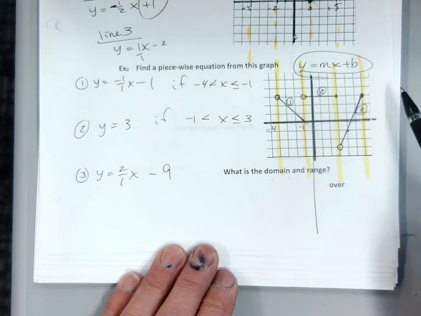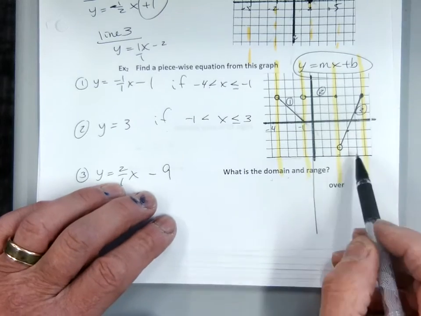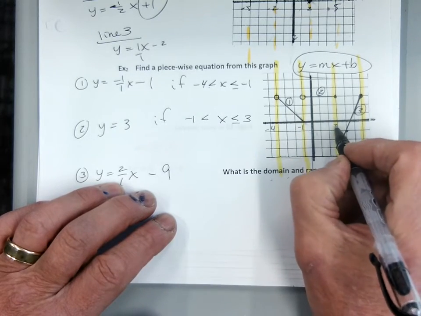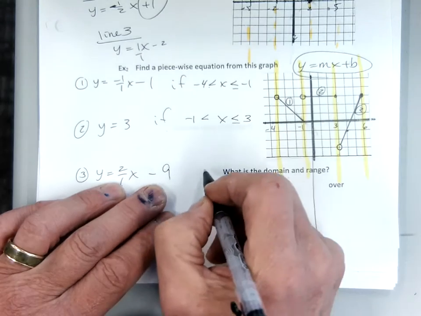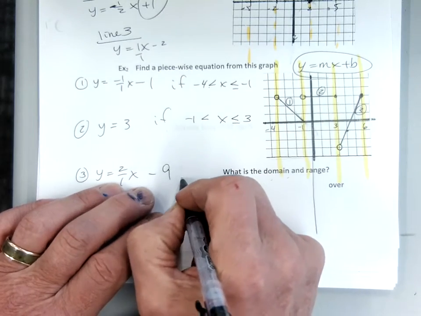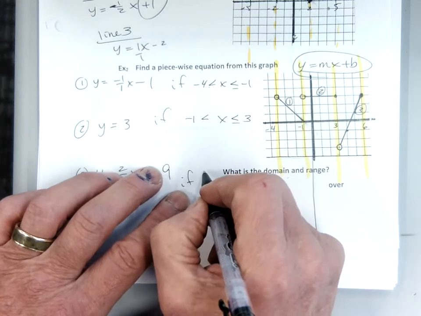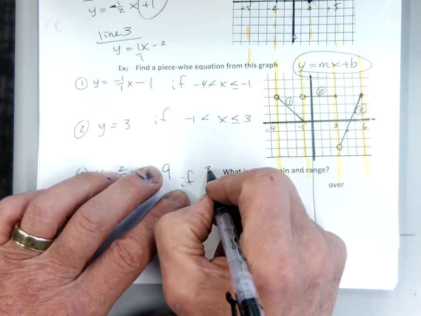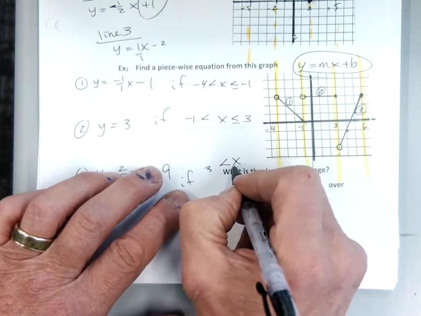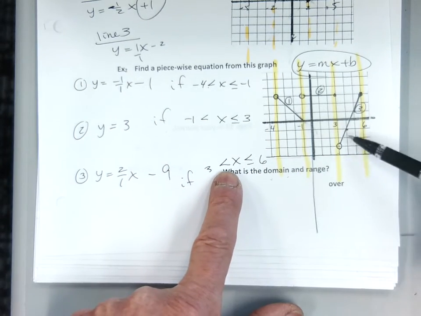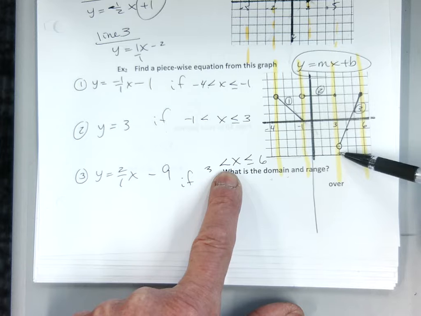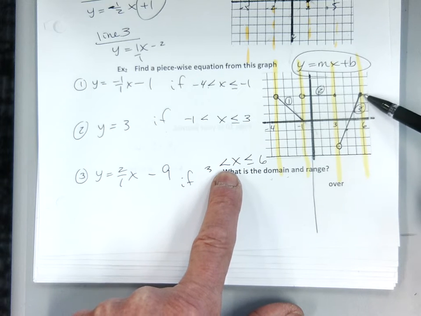And then finally, line 3 is between 3 and 6. So we'll say if it's between 3 and 6. Open circle at 3, no equal, closed circle at 6.